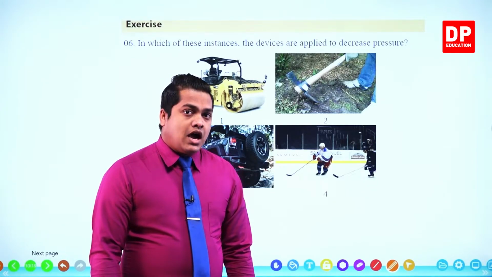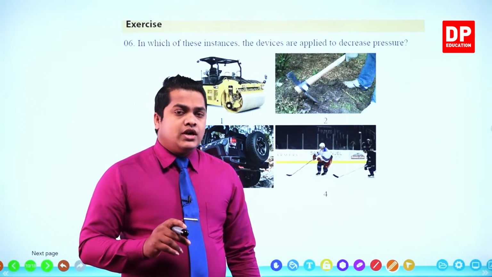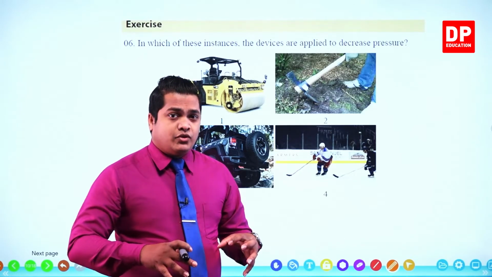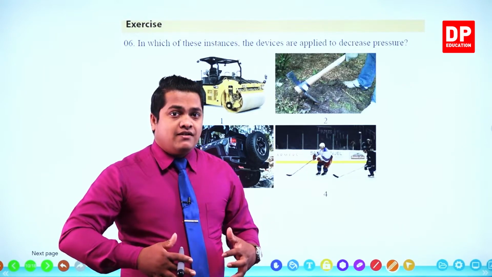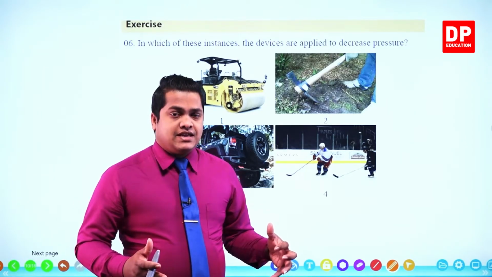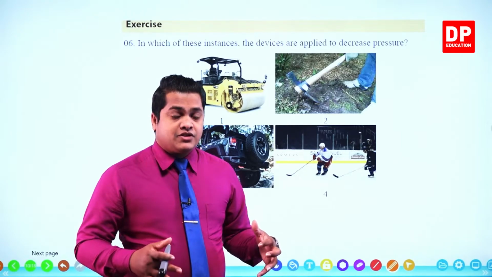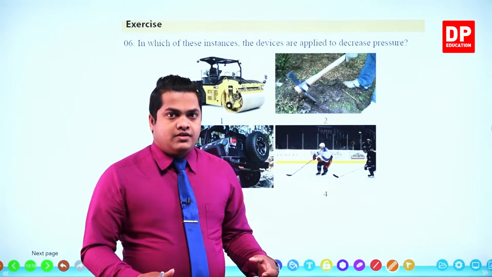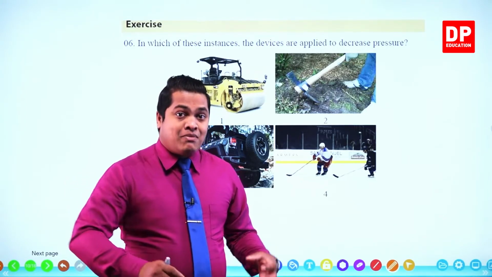Here also a higher pressure is given, but however, in order to press these things quite well, we are widening the surface area so that it would exert a greater pressure upon having greater force, right? So that it helps to press, not to sink, but to press.